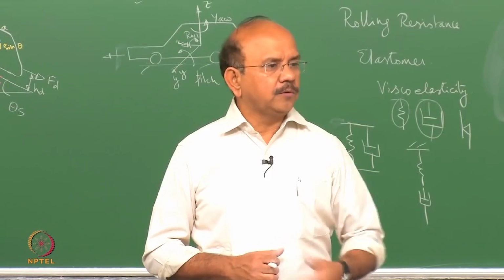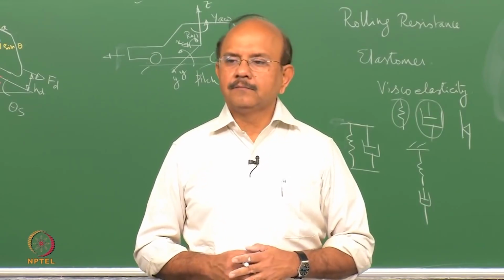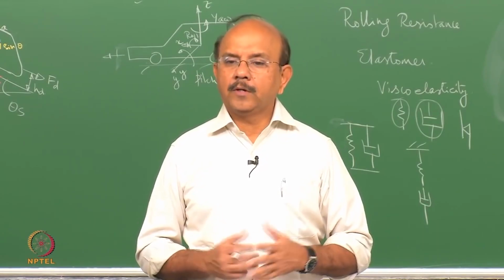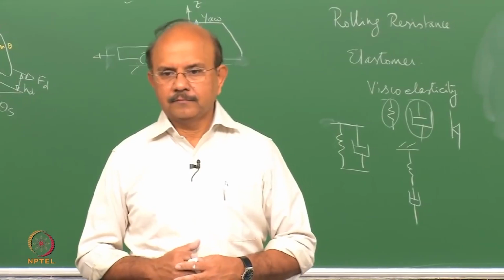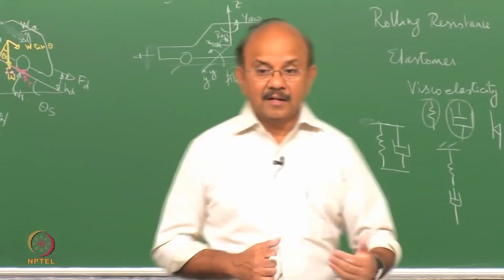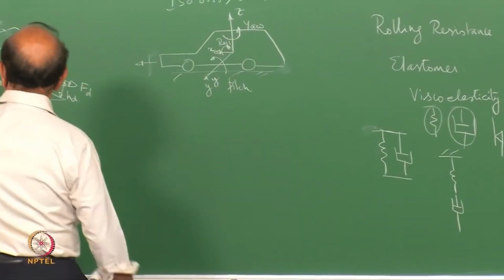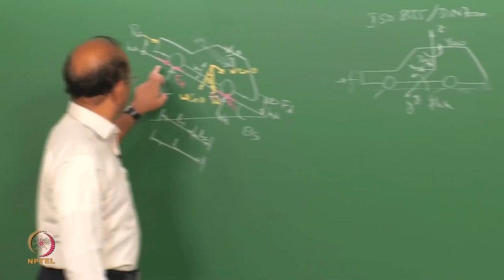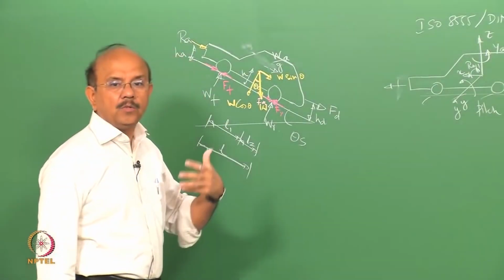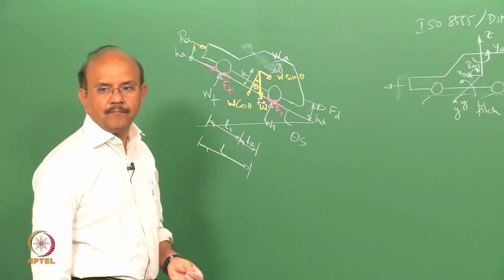Since it is opposing the motion of the vehicle, we consume energy, because I have to overcome that. Like you have the aerodynamic forces, we have rolling resistance forces which oppose the motion.